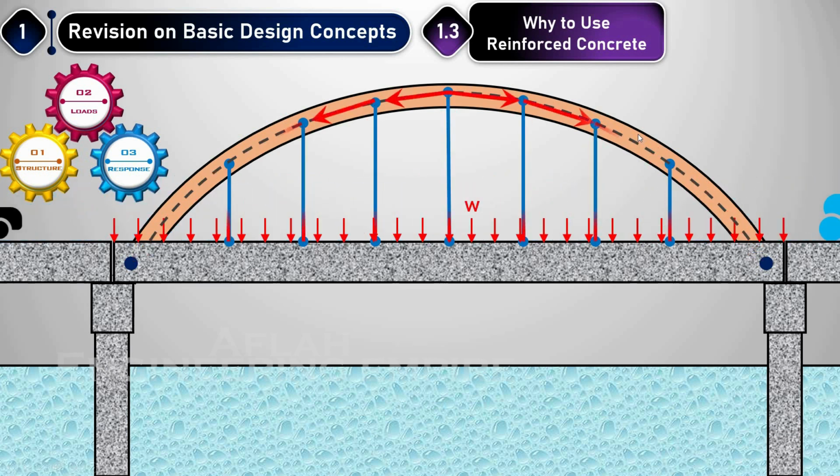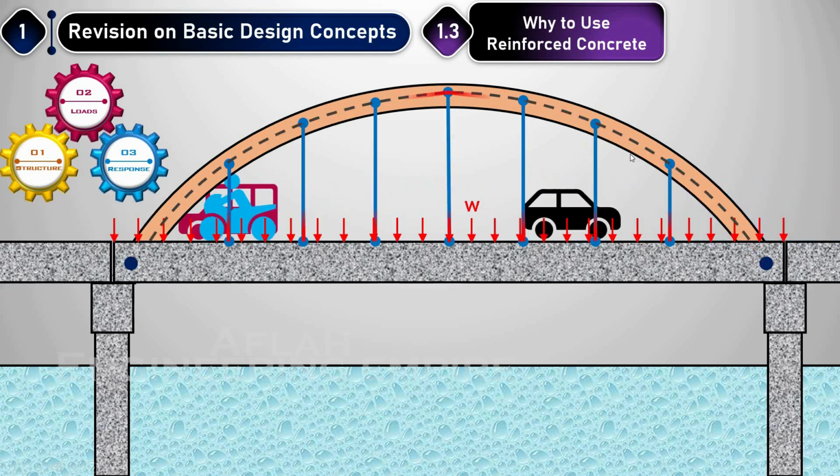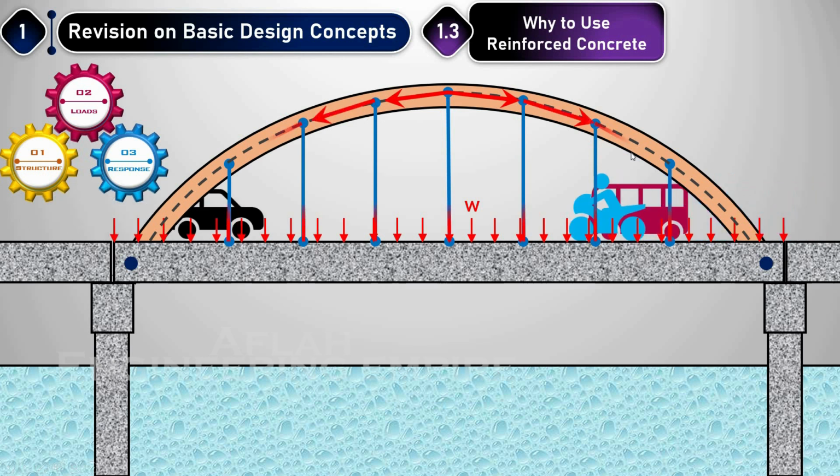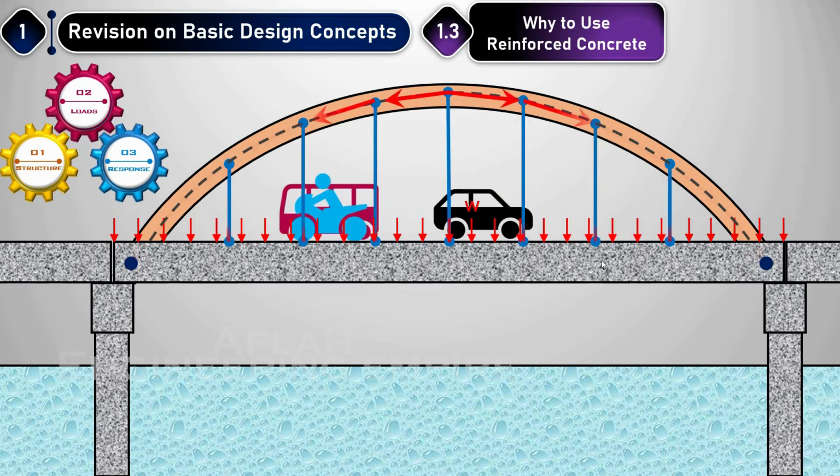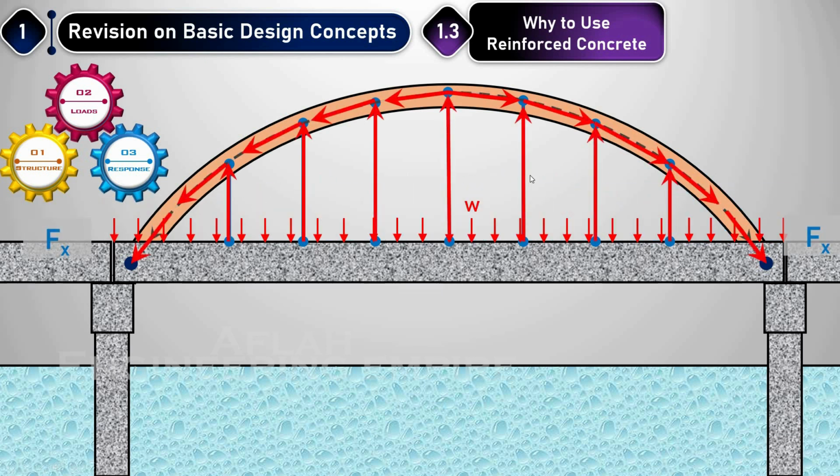So knowing the load response of the element, you can provide the elements in an economical and systematic way. And the bottom part, after the load has been transferred from the deck to the arch and from the arch to the support around here, this inclined force will have components in the vertical as well as in the horizontal.